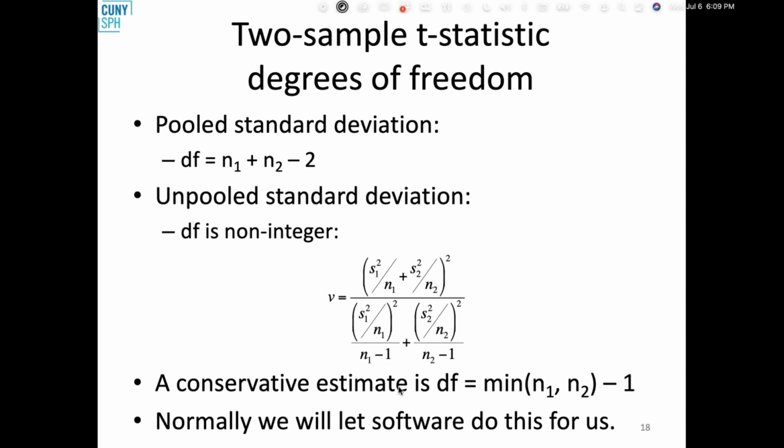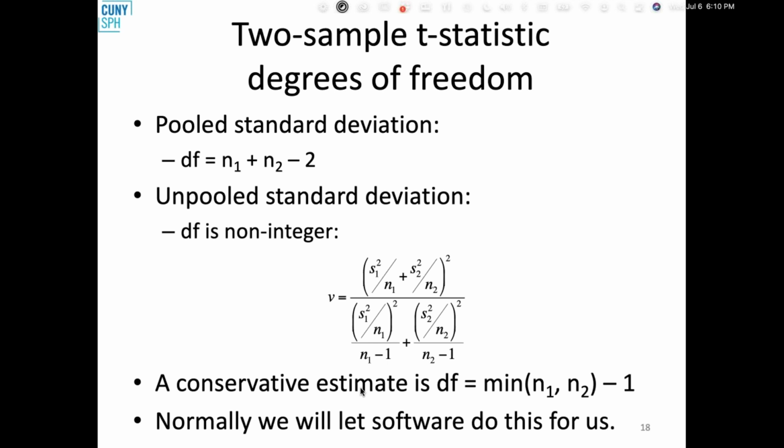So a conservative estimate of the degrees of freedom is the minimum value of n1 or n2, minus 1. Whichever one of these two is less, take that one and subtract 1. So if we had two groups, 50 and 50, both groups would be 50. We would take 50, subtract 1, and say it was 49 degrees of freedom.